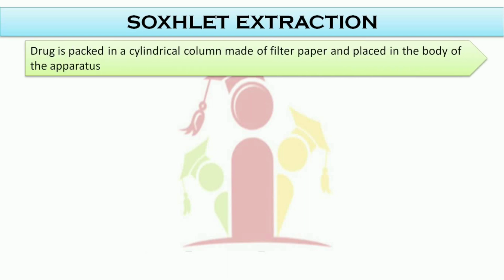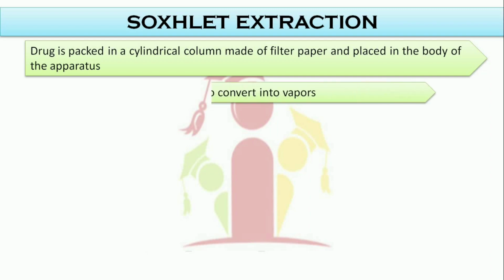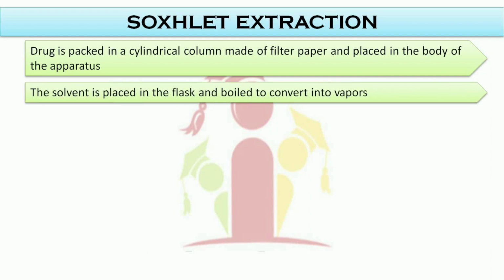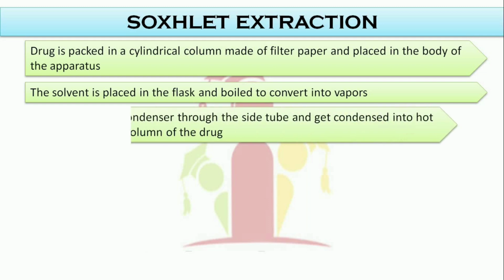As I said, the drug is packed in a cylindrical column made of filter paper and placed in the body of the apparatus, which is known as thimble. The filter paper packing is known as thimble. Then the solvent is placed in the flask and boiled to convert into vapors.